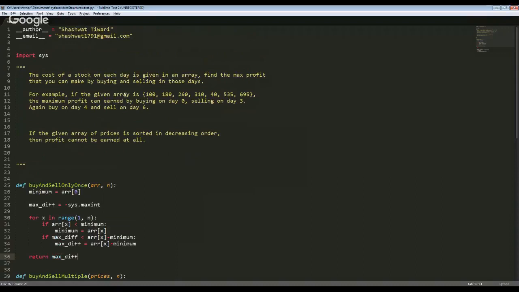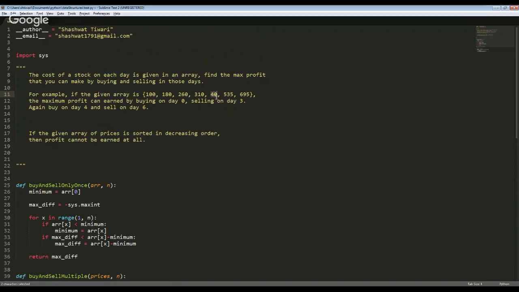So how do we proceed with this? We have the minimum set as array of 0, which is 100 as of now, and then the max difference as of now is 80, and then 260 minus 100 is 160, and then 210.